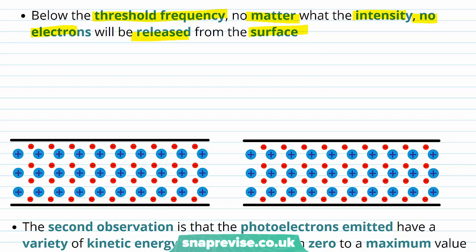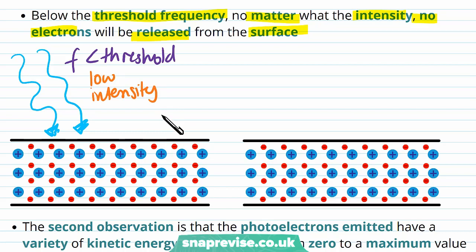So for example, we might have incident radiation of a low intensity, and this is below the threshold frequency, and it was observed that no electrons were emitted.